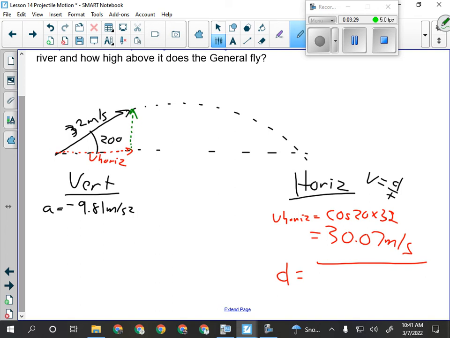So in the same way that the horizontal component was my horizontal velocity, the vertical component of this number is my initial vertical velocity, because this is what the General Lee is doing at time 0. We know that vertically the velocity is going to change because gravity is going to accelerate the object. But I can still calculate what my initial velocity is using trigonometry. So sine of 20 times 32.